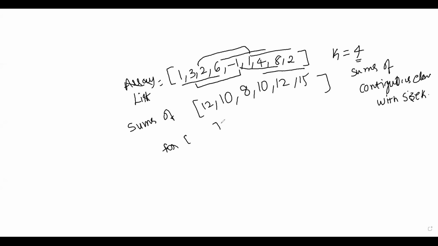I mean, every 4 elements we have to take here, and then we'll sum the 4 elements and append this to an array, right? This is how we solve the problem. Correct? Right? So let's start writing the code.